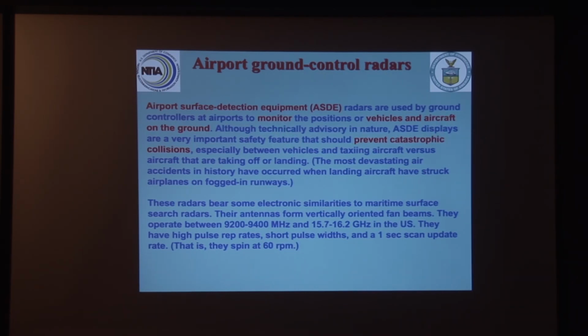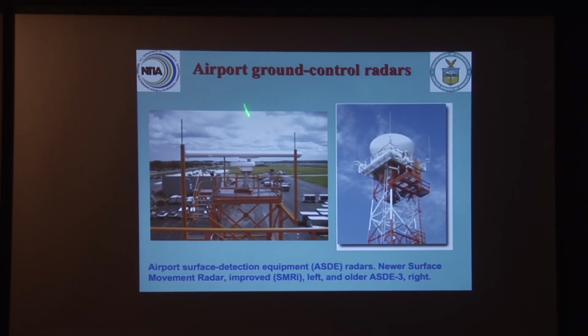Ground controllers can use these ASDs, which either look like this, like a maritime radar antenna, or look like this configuration, to watch traffic on the ground and avoid these terribly tragic accidents, which like maritime accidents, nowadays just shouldn't happen anymore, as long as you've got these systems available.